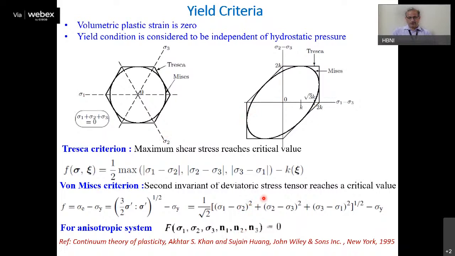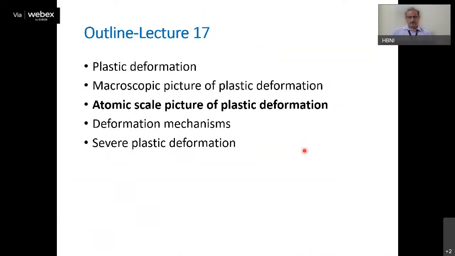I will not go into much detail on these things because this is a subject in itself, and I would like to recommend this reference. It is a nice book on continuum theory of plasticity by Khan and Huang. One can go through this book for more details about the macroscopic picture and the continuum theory of plastic deformation. Now I will come to the atomic scale picture of plastic deformation.